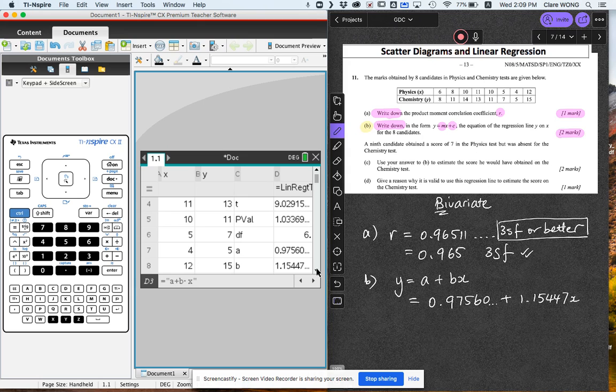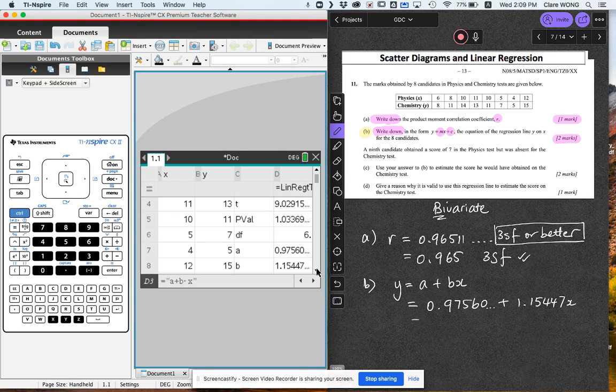To write it more properly, you should write them in three significant figures. So if you write it in y equals mx plus c form, you can rearrange it. So it becomes 1.15x plus 0.976 for your C.